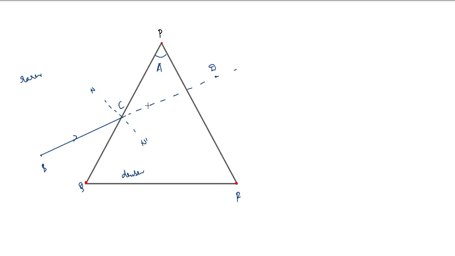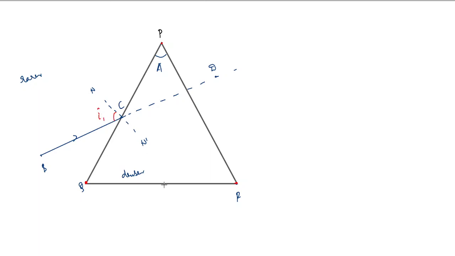This CD is called the direction of incident ray. That is, light would have moved along CD if the prism was not present. The angle made by BC with N dash, we'll call angle of incidence I1.